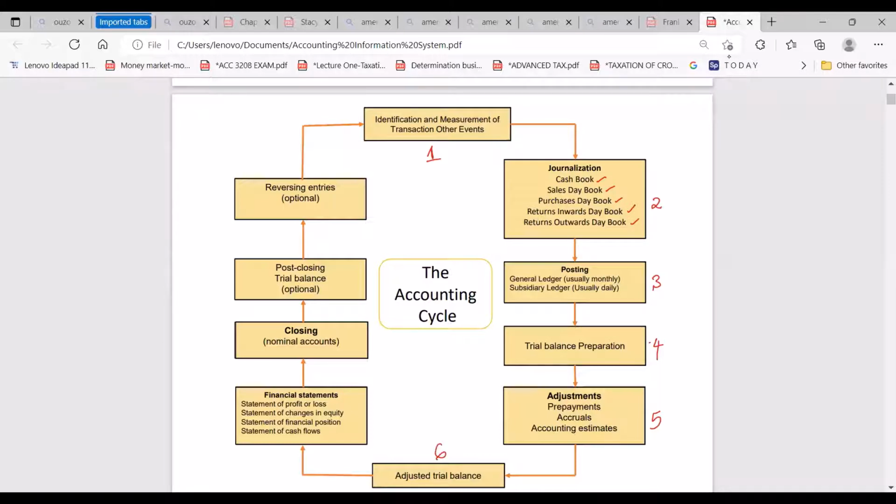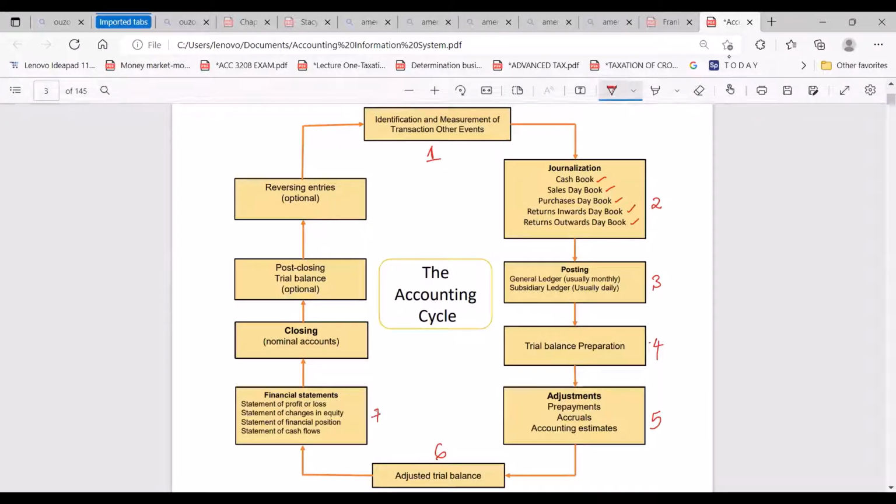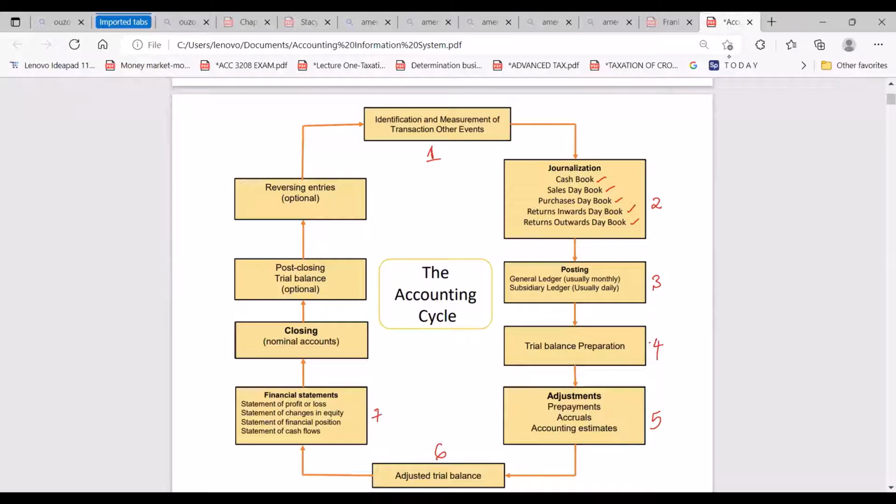That is, after posting the adjusting entries, another trial balance is extracted, which takes into consideration the adjustments which have been made, followed by step number 7, which involves preparation of financial statements.